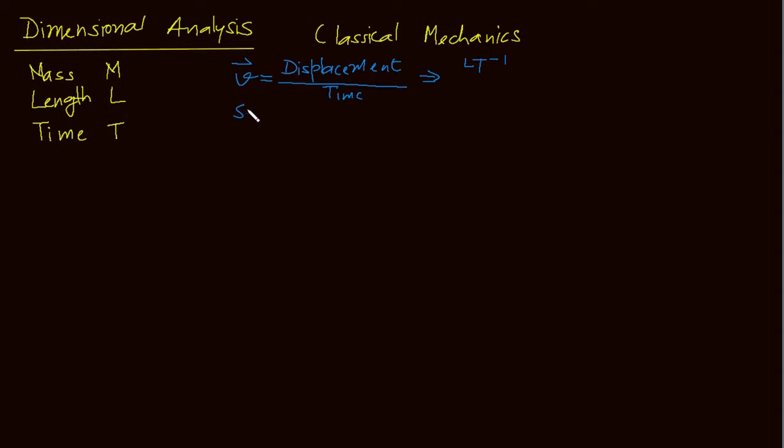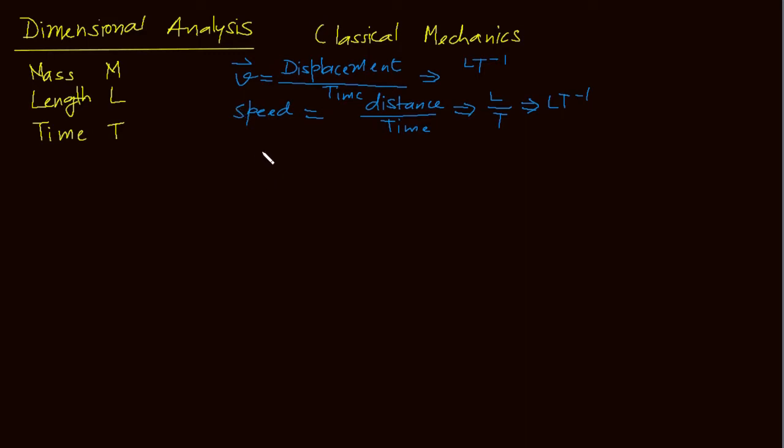Speed is distance over time, and this leads to L divided by T. So again it is L T to the power minus 1. So you see that velocity and speed have the same dimensional form, and in dimensional form you don't show vectors.